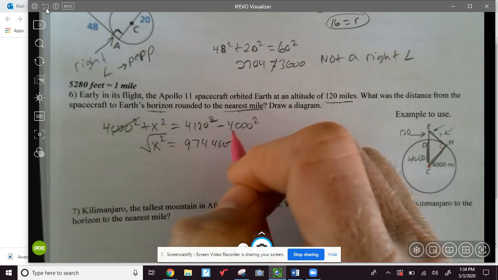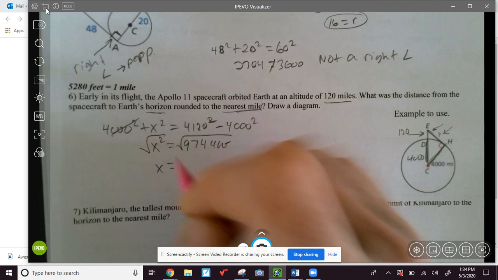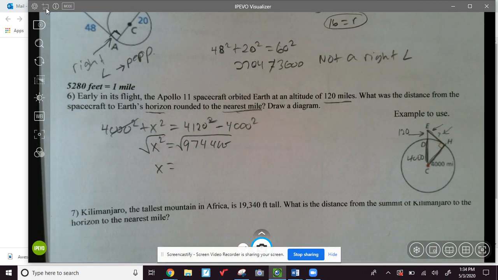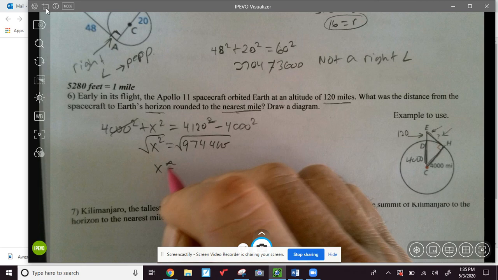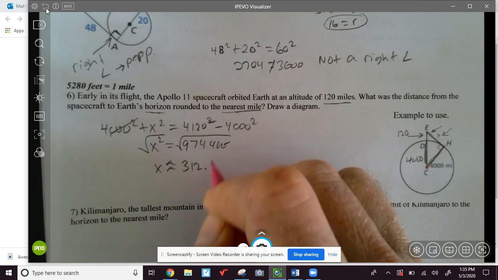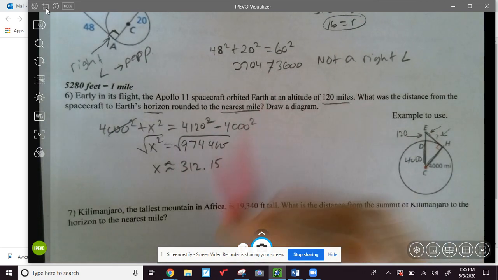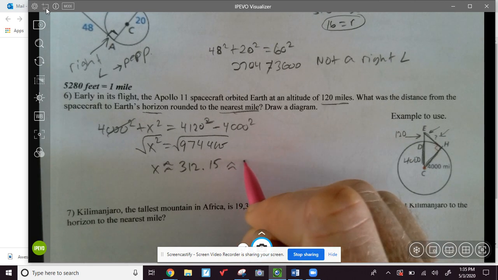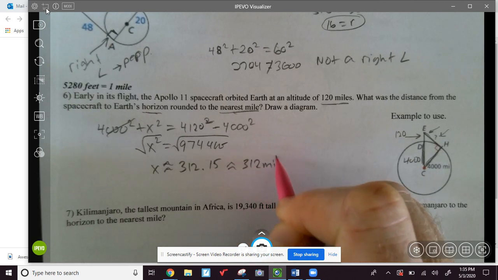We want to square root both sides, going to the nearest mile. I got approximately 312.15, so the nearest mile is 312 miles.